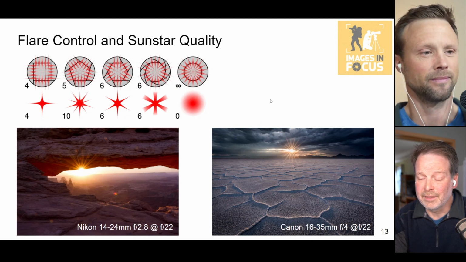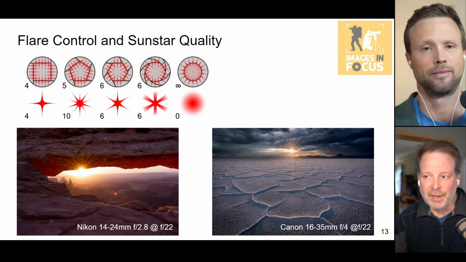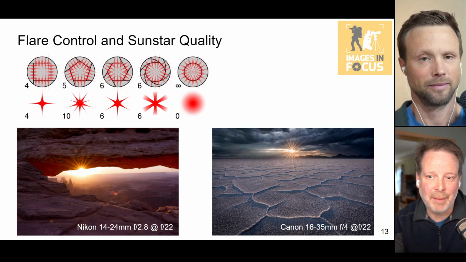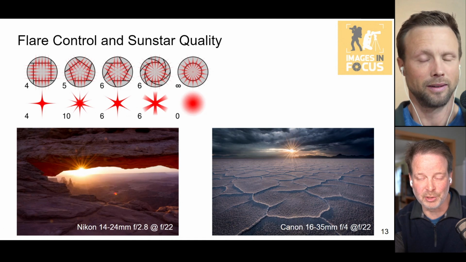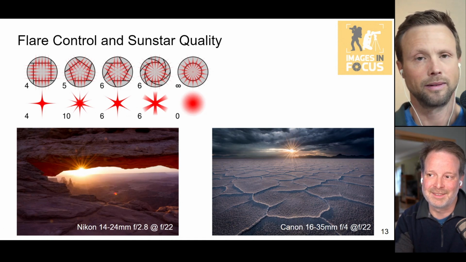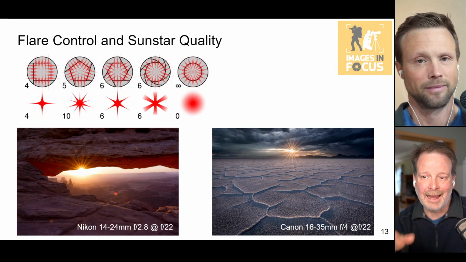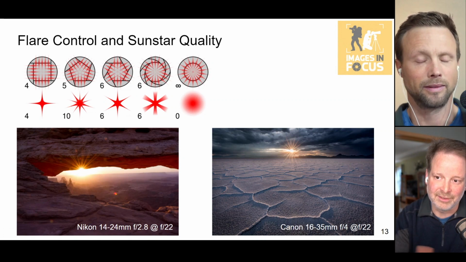Right, exactly. And then it's interesting though that we think about having multiple blades. Oftentimes we look at lenses and say, hey, we want lenses with the most aperture blades, right? Because it's going to give you the smoothest bokeh, which you're going to talk about in a minute. But you're doing that at the expense of Sunstars, especially with those lenses that tout curved blades, right?